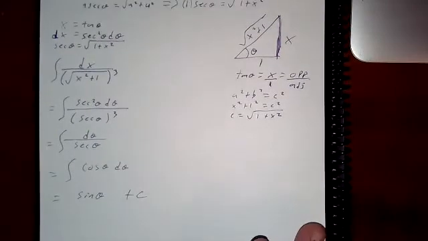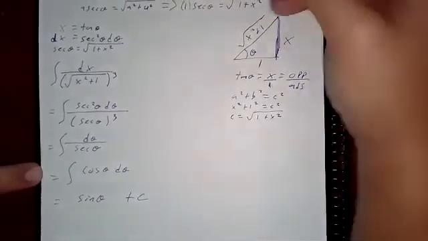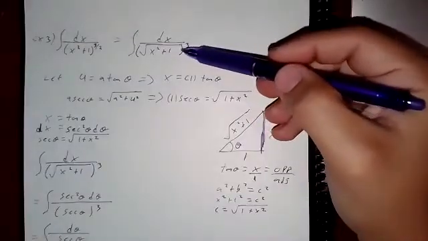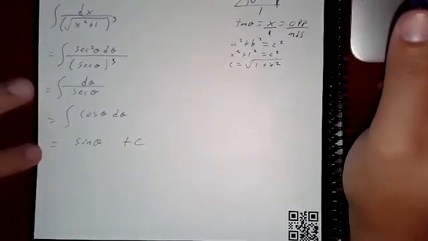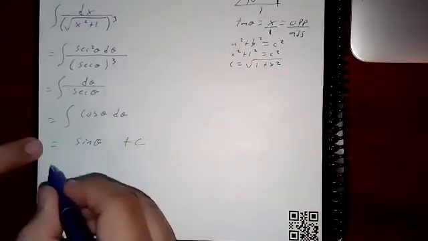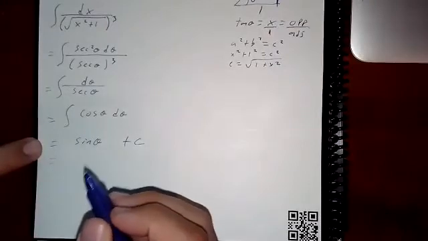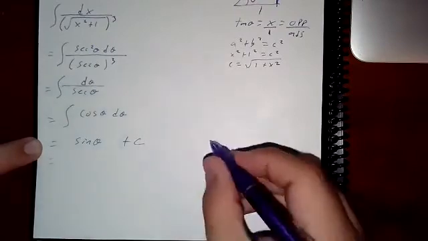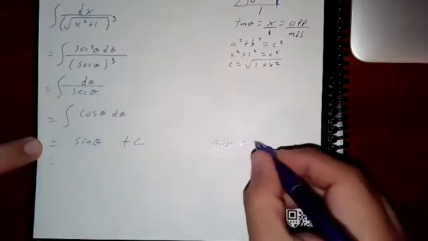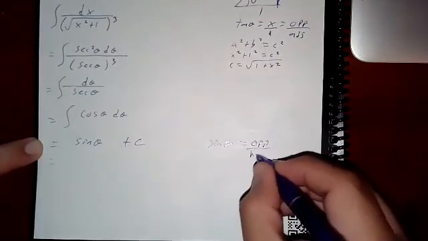Once you sub, this is way better than trying to figure this thing out. So trig sub will help you. You just gotta get used to it. Once we get there, we just gotta get back to x because we're not doing sine theta stuff. So sine is equal to, remember, the definition of sine is opposite over the hypotenuse.